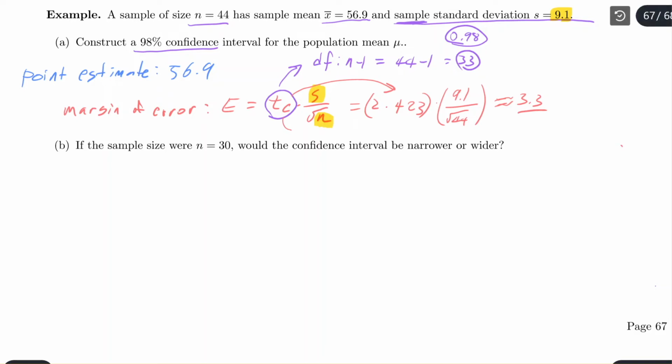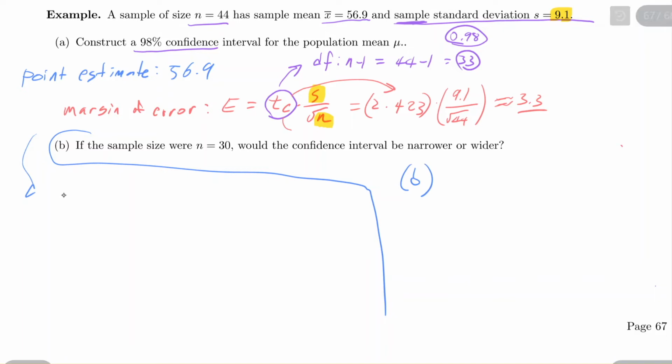I've kind of run out of room here. Let me actually finish this problem here, and I'll do part B right here. So the confidence interval is the point estimate minus the margin of error, to the point estimate plus the margin of error. The sample mean is 56.9, the margin of error 3.3.